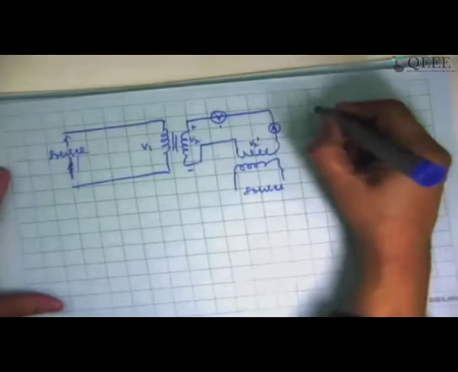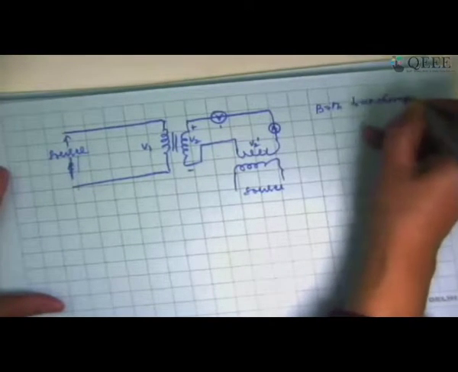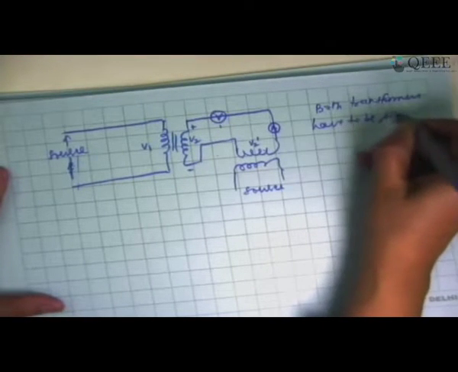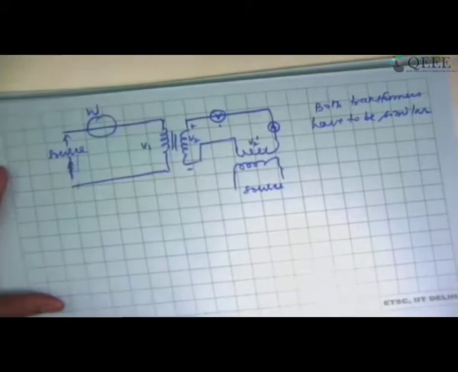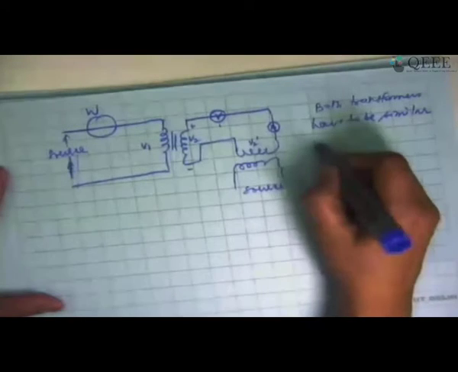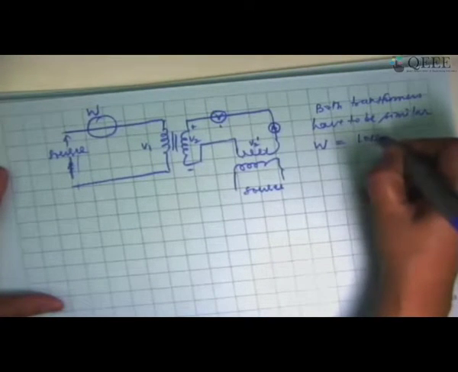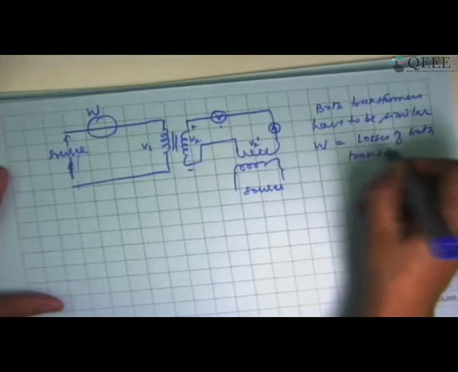So both transformers have to be similar. If both transformers are similar, whatever is the wattmeter reading obtained here, that wattmeter reading will consist of losses of both transformers.